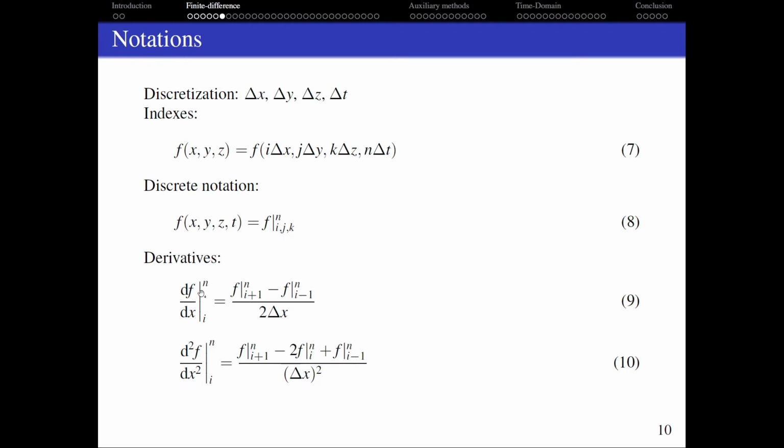Also, when you apply this to our derivatives, the first derivative of f at the location i, which corresponds to x on time n, so this doesn't change, is going to be f at i plus 1 minus f at i minus 1, so the point on the right minus the point on the left, and we divide it by 2 delta x, which is the space between both points. In the same way, the second derivative is written like this, so we combine i plus 1, i and i minus 1.